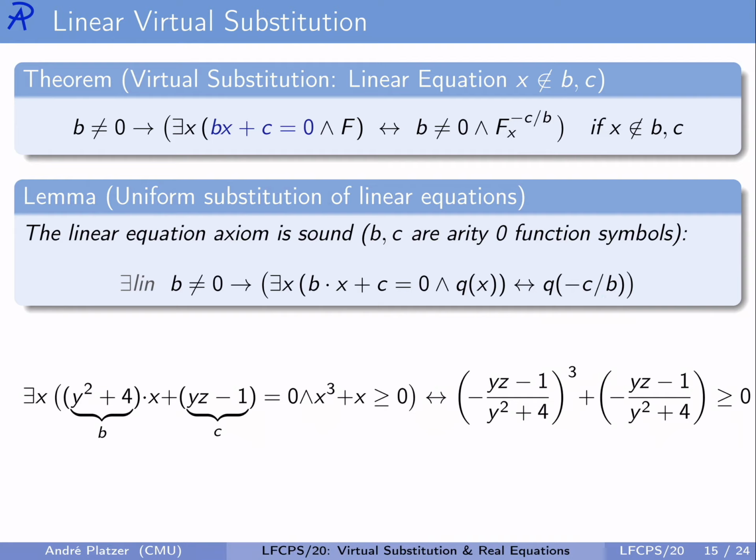And remember that uniform substitution will not allow us to plug in for b or c terms that mention x, because x is already bound here. This axiom is easily proved to be sound and precisely performs the virtuous substitution of linear equations.